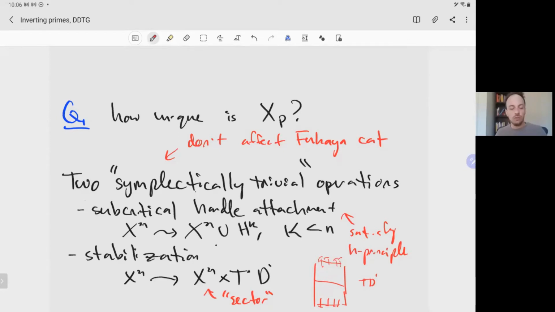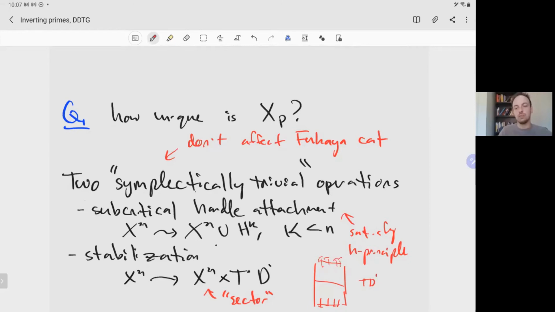So you kind of leave the world of Weinstein domains, but there's actually a notion of the Fukaya category for these sectors. Sectors are basically Weinstein domains with some kind of extra sectorial boundary. And this operation also does not affect the Fukaya category. So we have these two operations which don't affect the Fukaya category and are somehow symplectically trivial, and so it makes sense to really consider Weinstein domains.